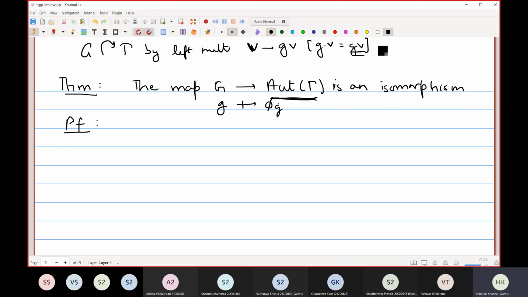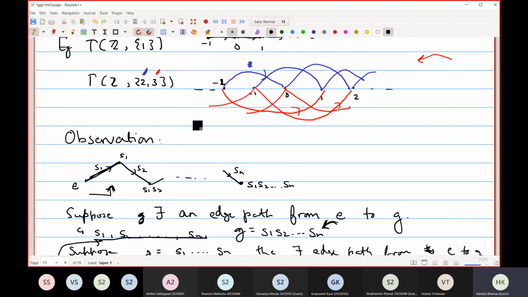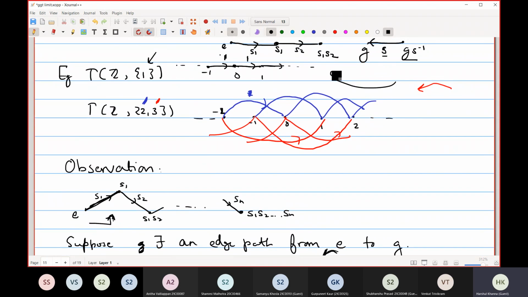So for example, let's go to the Z example, right? So I'm claiming that Z acts on this graph here. Suppose I take an element M, I can just translate here. So G is M here.